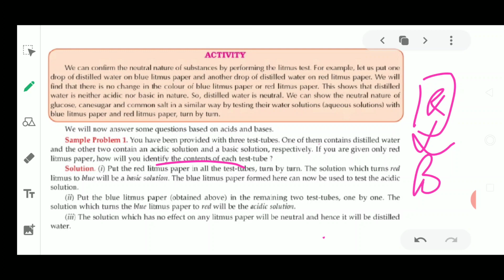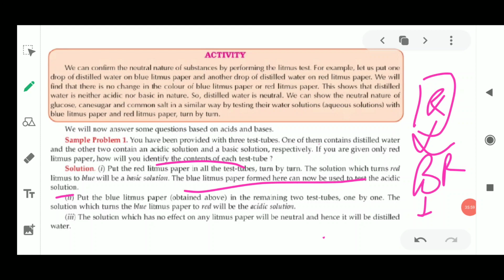The blue litmus paper formed here is now utilized to test the other solutions. You add it to the distilled water and to the acidic solution. With the acidic solution, this blue litmus paper is going to turn red.